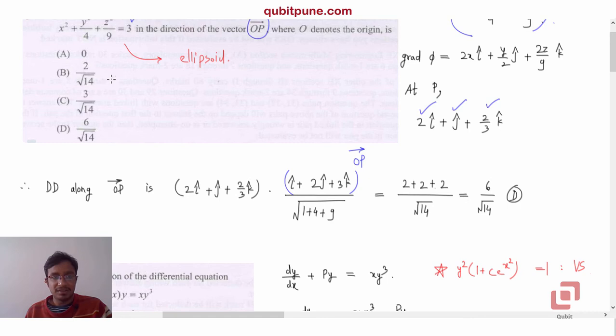You can see root 14 being present in all the options except A. Now we can take the dot product of the gradient, that is del phi, with the unit vector n cap, which is this one. Because of the properties of the dot product, I am allowed to do that. So it is 2 into 1, 2, 1 into 2, 2, plus 2 by 3 into 3. So 3 will get cancelled, so I'll again get 2. So it is 3 times 2 upon root 14, or 6 by root 14, which is option D.